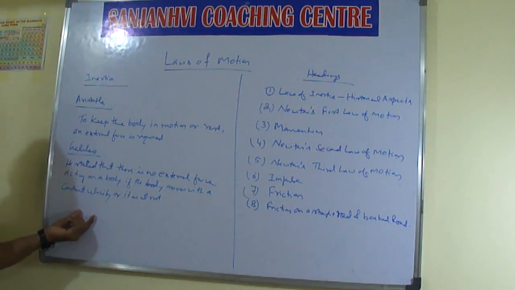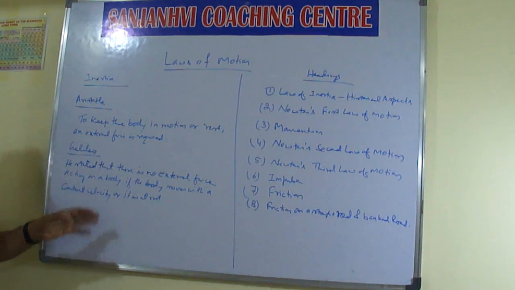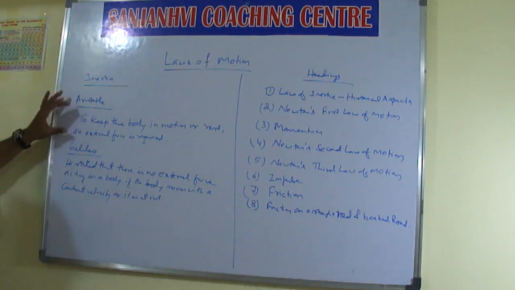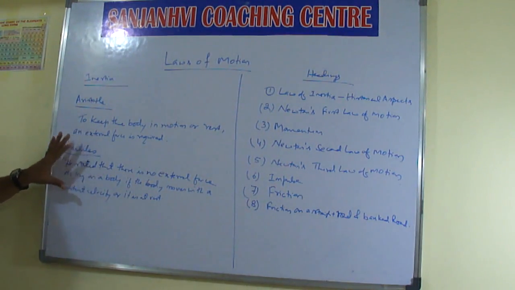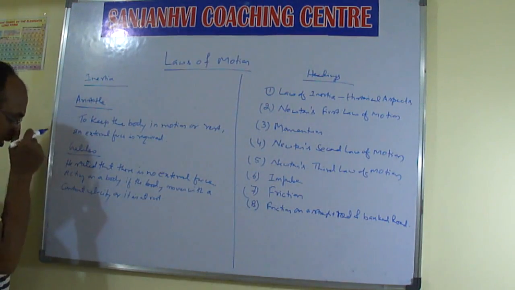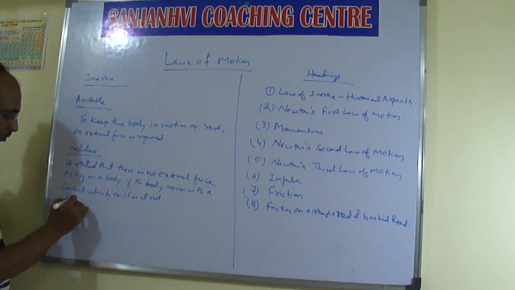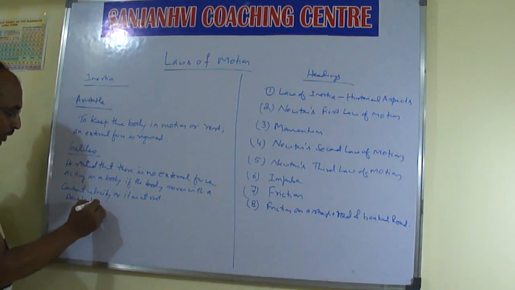It means that if we want the body to accelerate, then an external force is required, otherwise it is not required. So this statement of Aristotle was totally ruled out by Galileo, and he conducted some experiments on a double inclined plane.